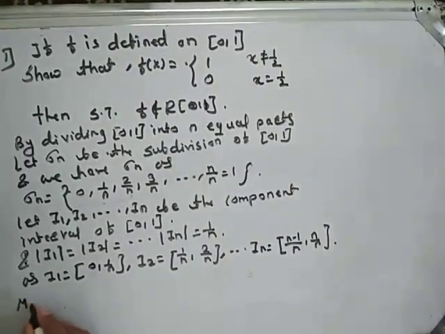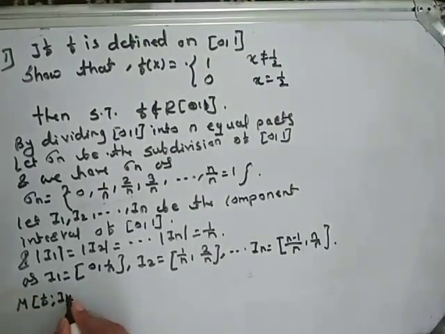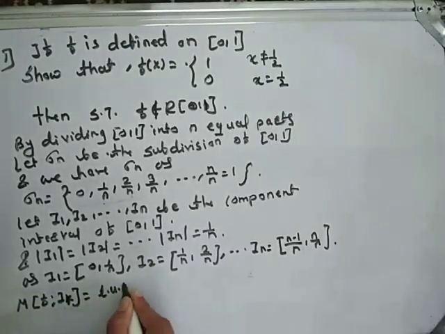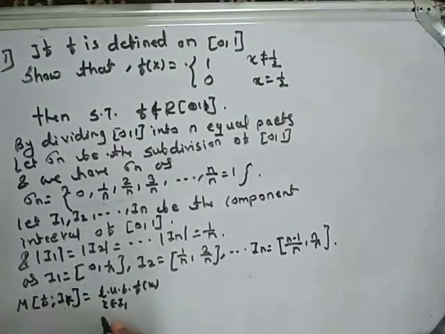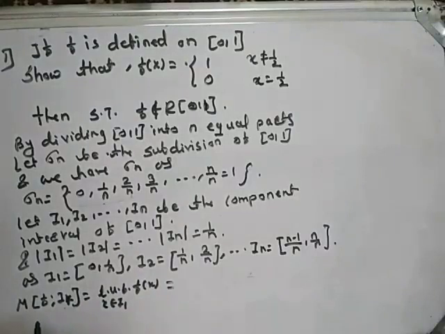Okay, so small m(f, I1) is equal to the least upper bound of f(x), x belongs to I1, which is equal to M(f, I1).